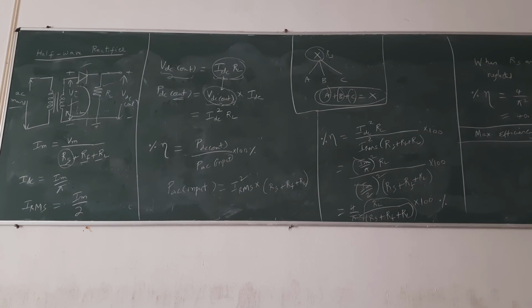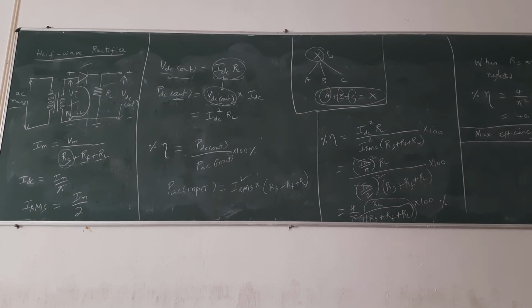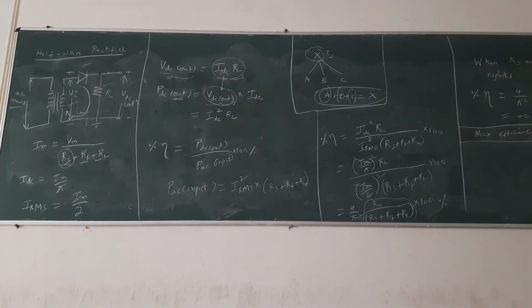Of current flowing. First stop. Second bit: DC output power. Second bit, DC power output.